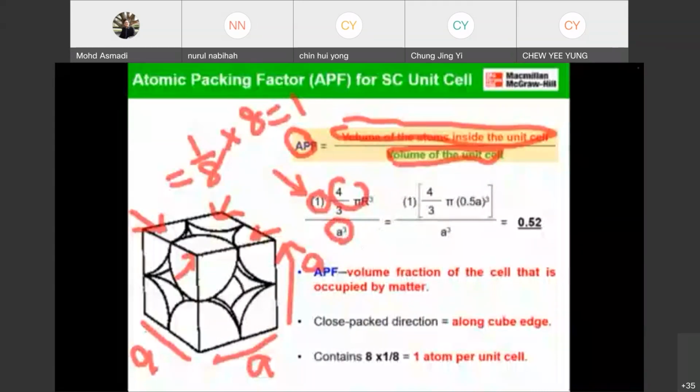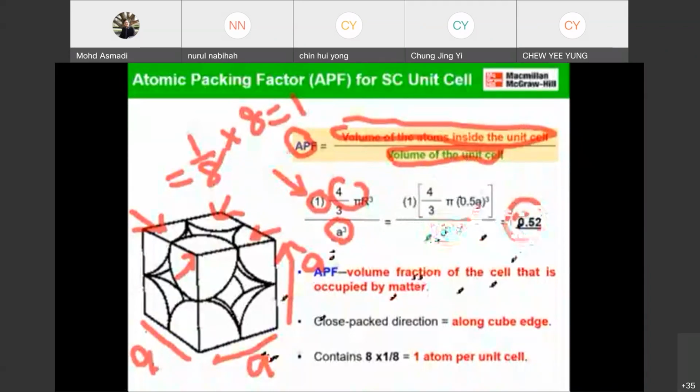So the volume of atoms inside the unit cell divided by the volume of the unit cell is equal to 0.52, because the terms just cancel out. So it is the volume fraction of the unit cell occupied by the metal.